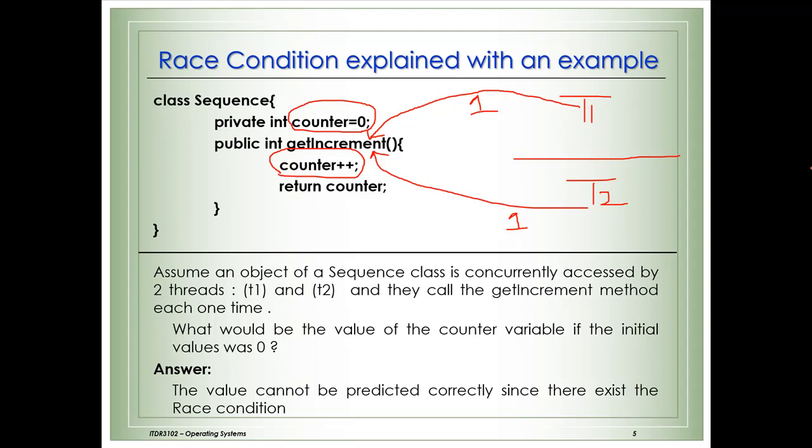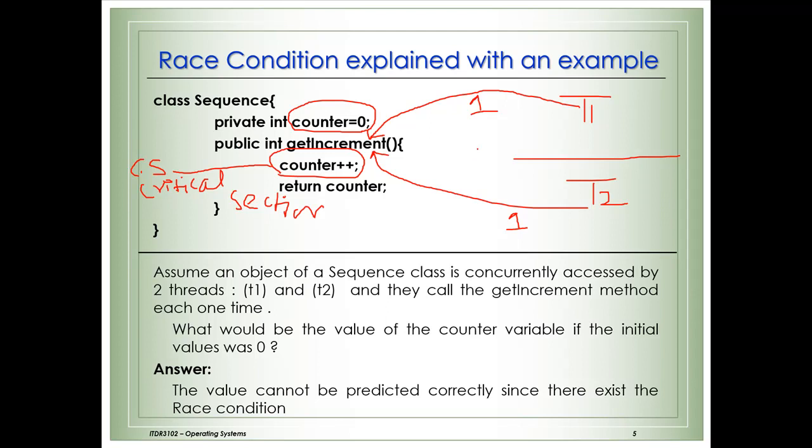So this particular code, which helps these two threads update the value of the shared data, we can call the critical section. This particular code is a critical section because through this code they access the shared data.